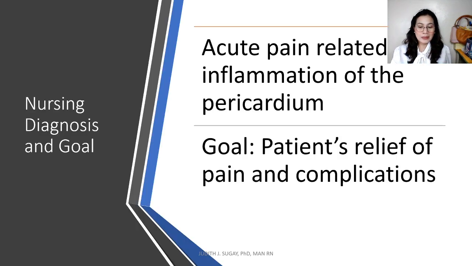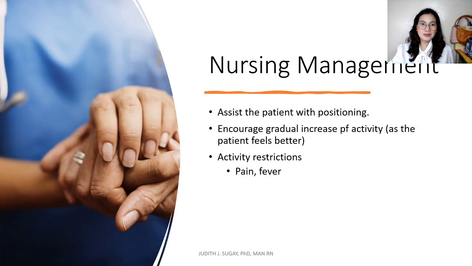A while ago, based also on the management in the previous slide, again, relief of pain. For the nursing diagnosis, there is acute pain related to inflammation of the pericardium, with a major goal of having the patients feel relieved of pain and other complications. Now, what can the nurse do? The nurse can assist the patient with positioning to prevent dyspnea, and encourage gradual increase of activity if and only if the patient feels better.